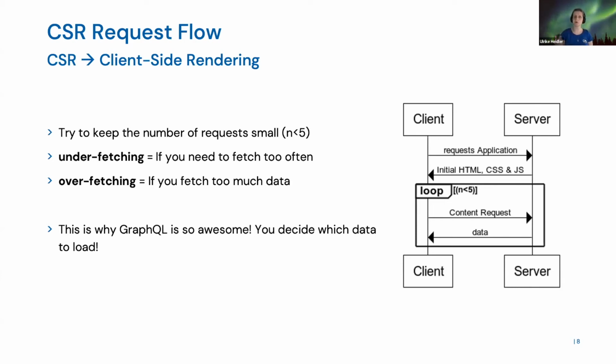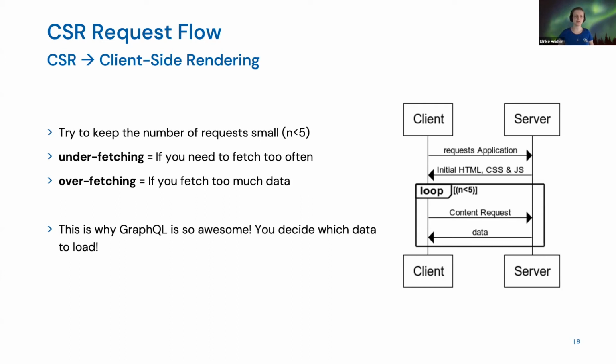Or if you have tabbed components, you could load only the first element, or the first slide of the carousel, and so on and so forth. It's a nice little thing of GraphQL as a communication pattern compared to very defined interfaces where you always get the same kind of content. With GraphQL, you can really fine tune what exactly you want to load.